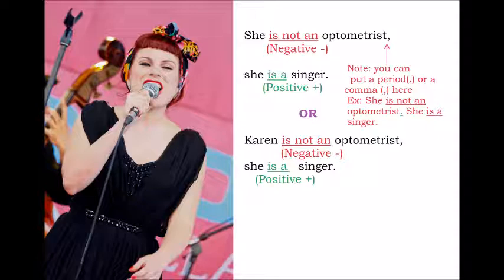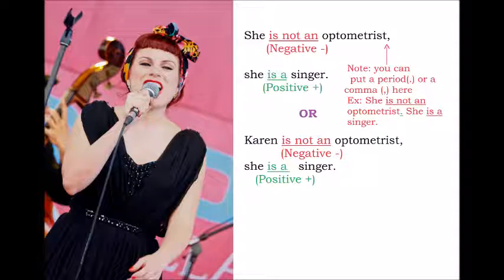We added the not, and we added an because optometrist starts with a vowel, so we need to add an, not a. And note how you can also add a period after optometrist, so your sentence can read, she is not an optometrist, period.